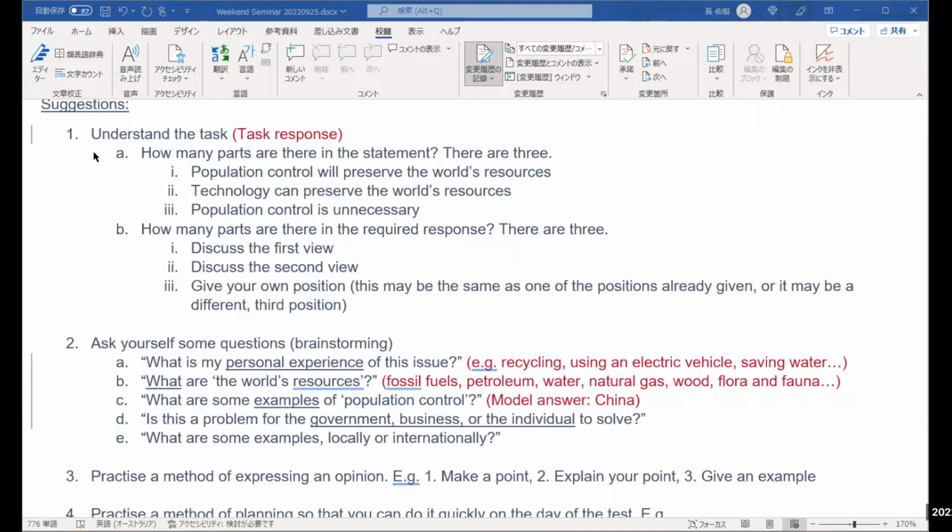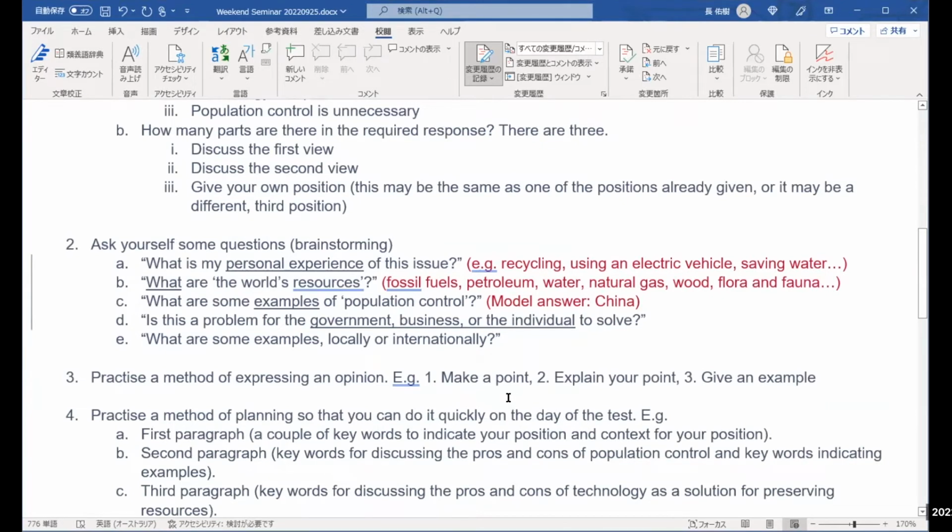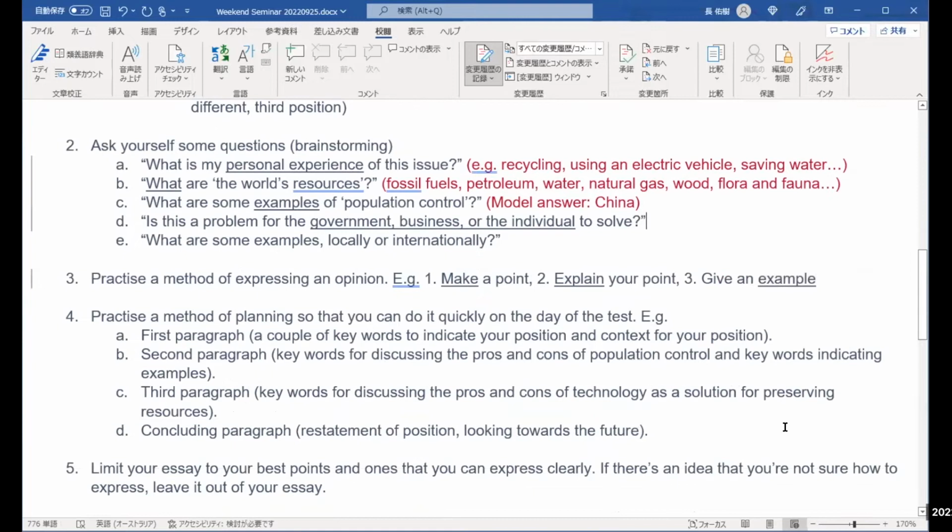So how do you make a good plan? We'll look at point 3 here. How do we make a point? How do we explain our point? Well, this is one way of planning as well. Okay, my point is that water resources are the most important thing. Well, what does that mean? Well, it means that we should use water properly in agriculture and also in households. And let's give an example of that.